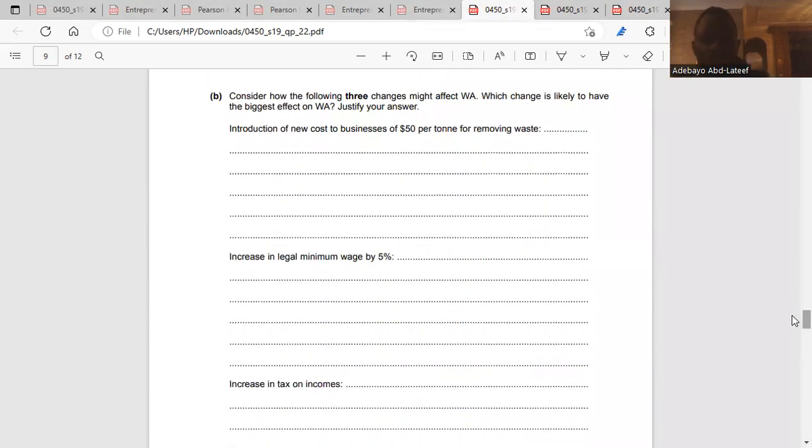Consider how the following three changes might affect WA. Which change is likely to have the biggest effect on WA? Introduction of a new cost to businesses of $50 per ton for removing waste.